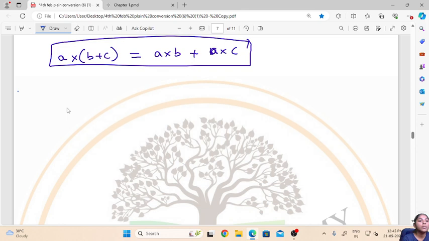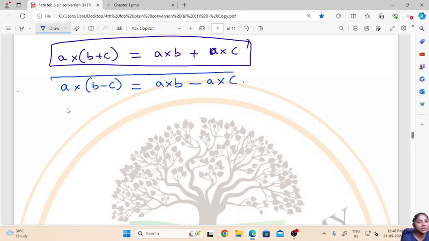So here it will be A into B minus C is equal to A into B minus A into C. Now let us see if these are equal. Let us check if it is true for subtraction also.